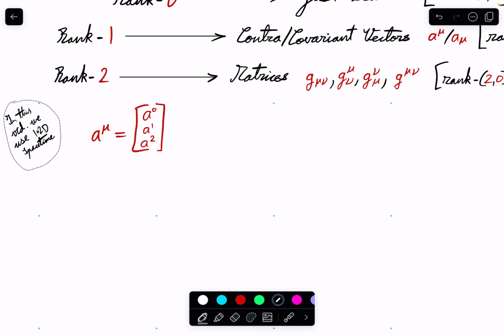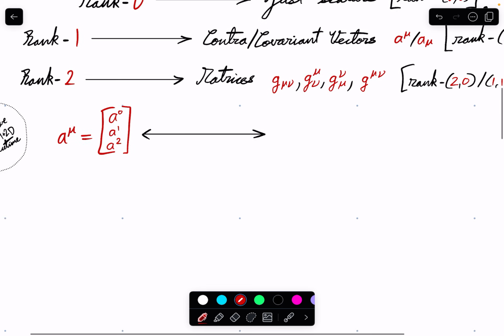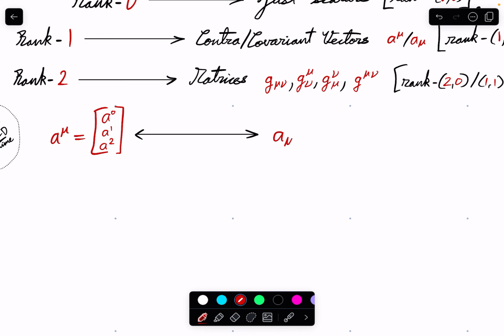And this is related to a covariant vector, where if you have a covariant vector, then it will be a row vector.